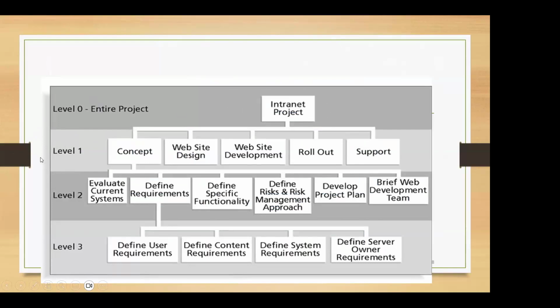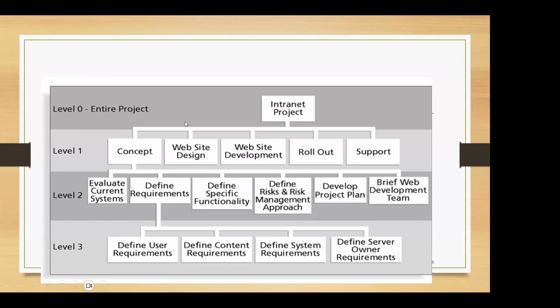Level 1 will be the broader areas. At level 2, you will see a much bigger composition. Then at level 3, you will have smaller pieces, what we call work packages. When you come to the work package level, we can stop there or we can go one step further as well.